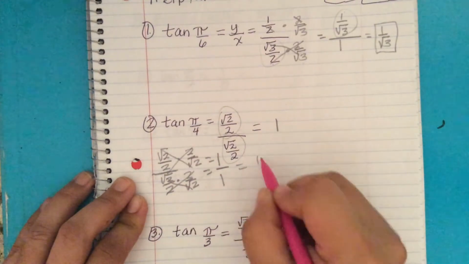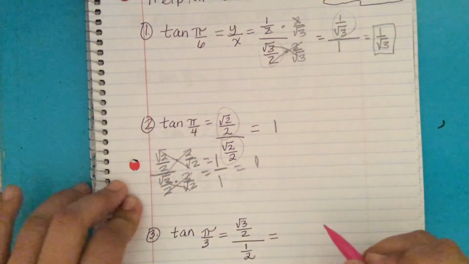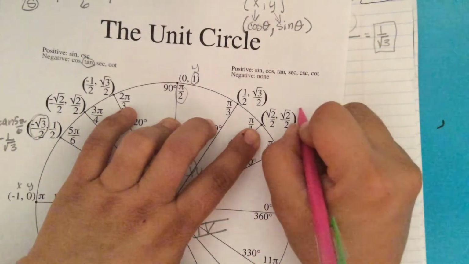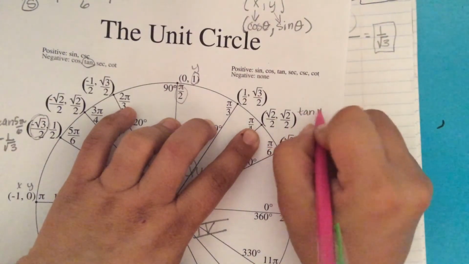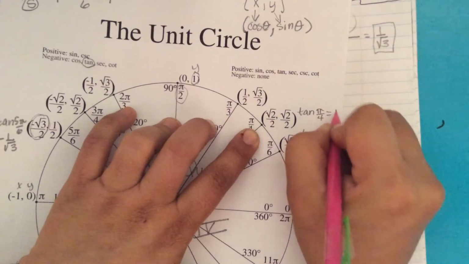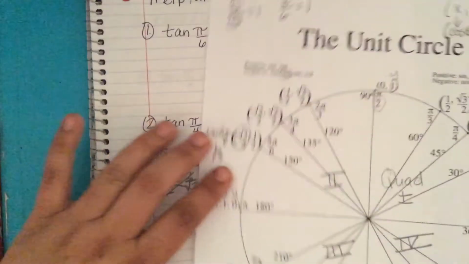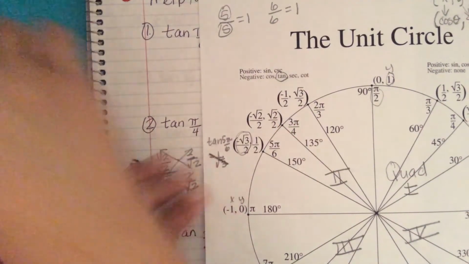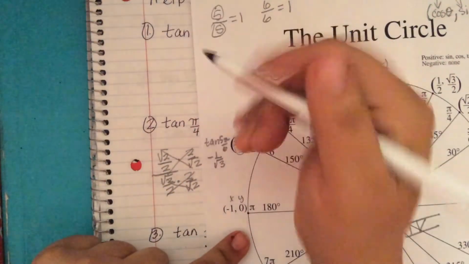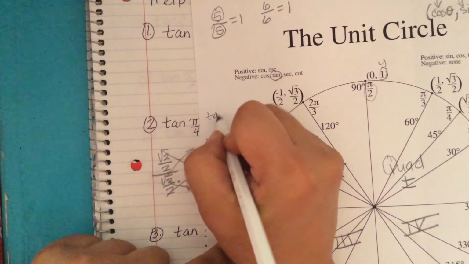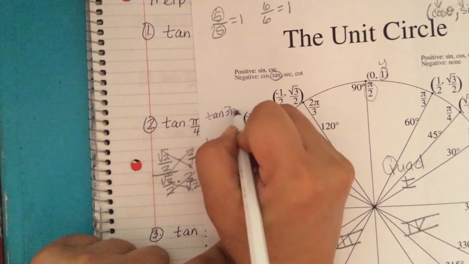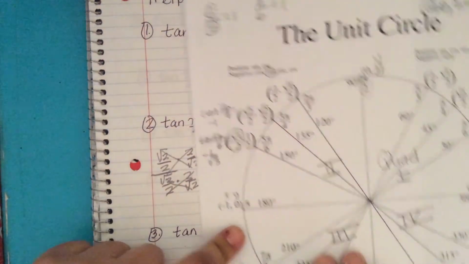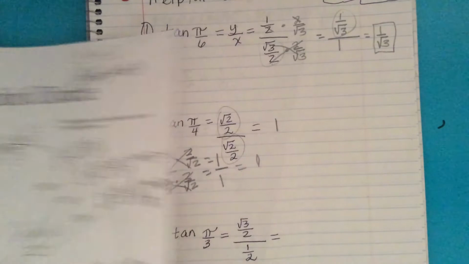So 1 divided by 1 is 1. If you wanted to do it the long way, that's how you did it. So over here, we're going to go to the unit circle. The tangent of pi over 4 is equal to 1. So then the tangent of 3 pi over 4 over here is going to be negative. Tangent of 3 pi over 4 is going to be negative 1. And then you could do the other two quadrants.